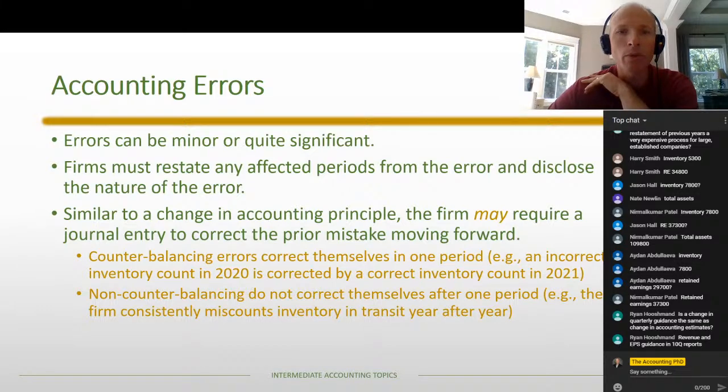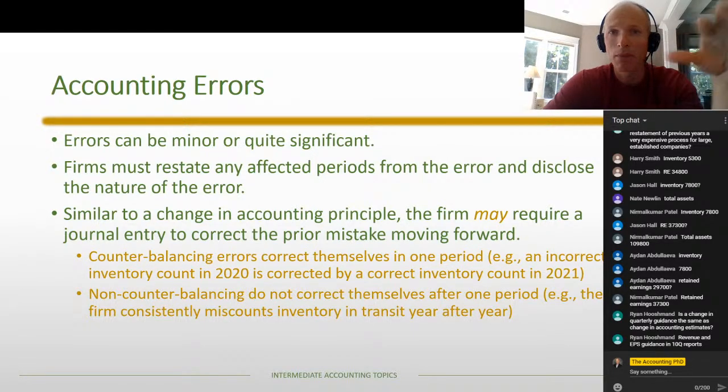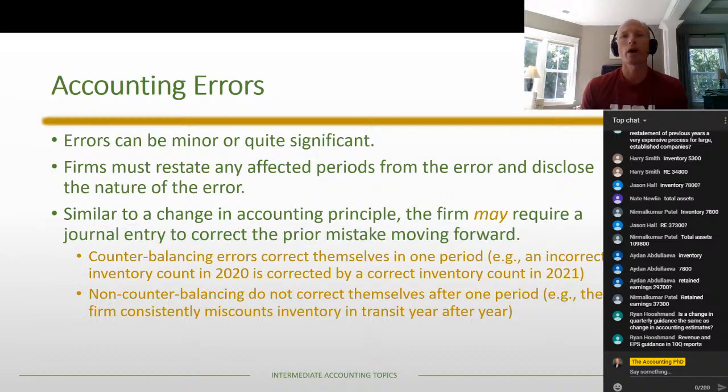So a non-counterbalancing error does not correct itself after one period. Let's say that every year the company, just for whatever reason, had not been counting inventory in transit, and that was a mistake that they just kept making and kept making. In that case, it really did not correct itself. And so there probably is some correction to that account that you're going to have to make, at a minimum.